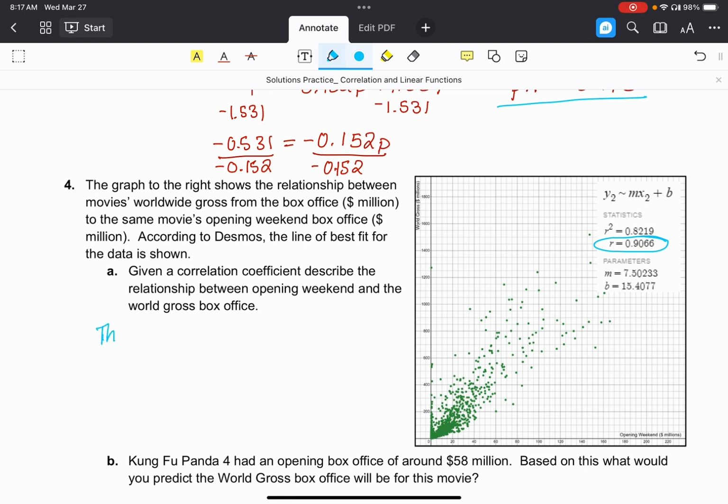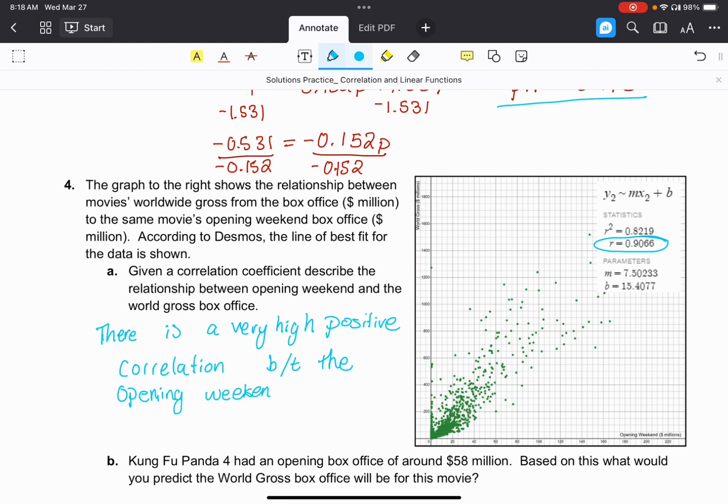So there is a very high positive correlation between the opening weekend box office and the world gross box office.